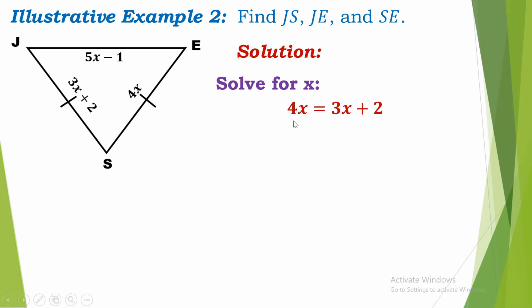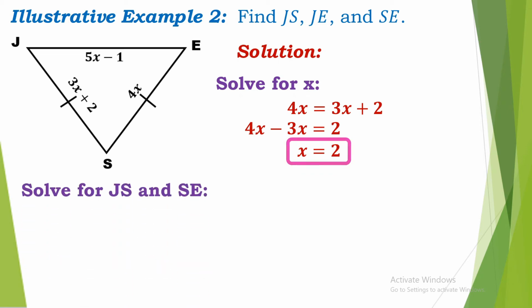So, to solve for x, we have to transpose 3x to the left side. So, it now becomes 4x minus 3x equals 2. Subtracting 4x minus 3x, we have x equals 2. Therefore, the value of x is 2. Now, since we have solved for the value of x, we can now find the measures of the three sides of triangle JES.